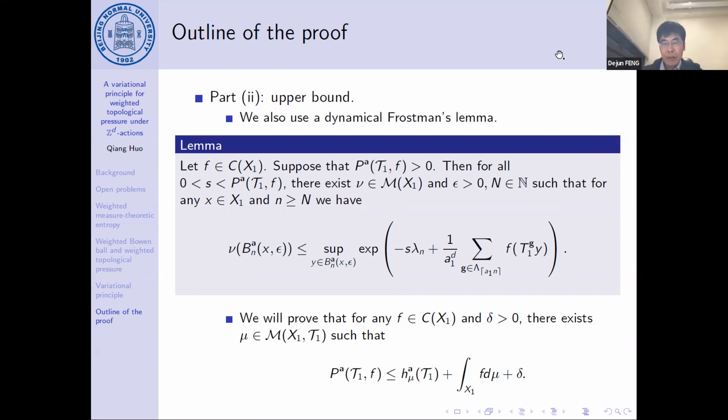Someone in the audience suggested using Ruelle's separated set method to prove this variational principle. Actually, I think there is some essential difficulty following that way, because there is an essential difficulty in finding an invariant measure to approximate the so-called equilibrium state.